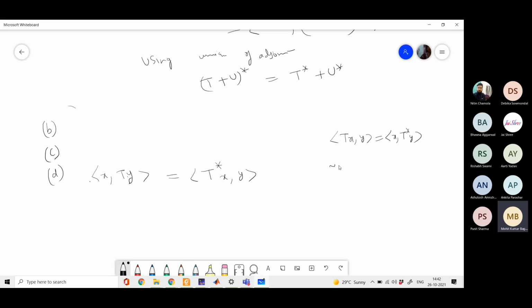So we can also write this definition, <T*x, y> equal to <x, Ty>. You need just one argument and then you can use that. So here this is T*x and y. Again, if you take T* to that side, then what would it be? This is T**.